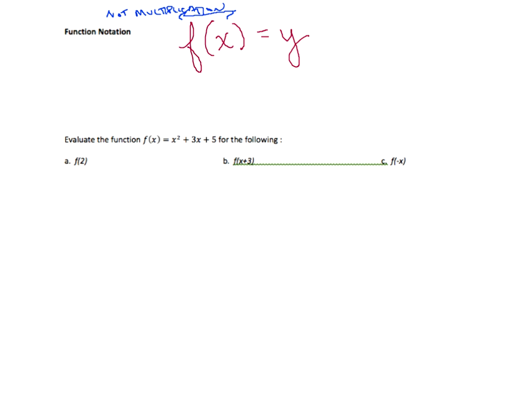That does not say f times x. What this means, this is a symbol itself altogether. What this symbol means is the function of x, how x acts, the function of x.